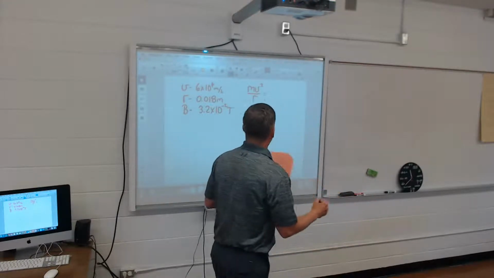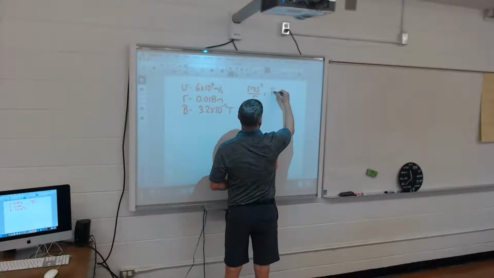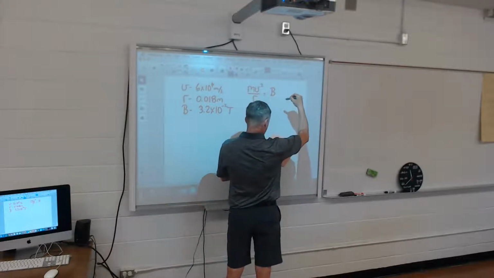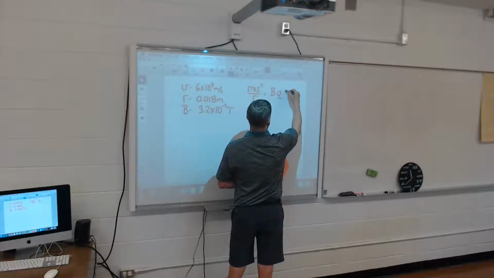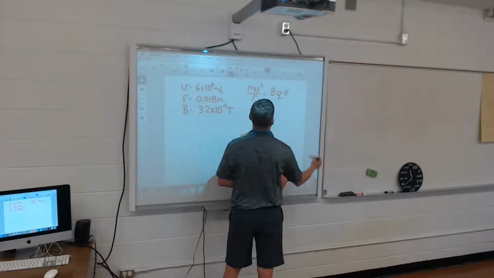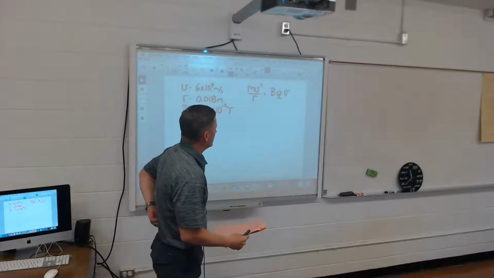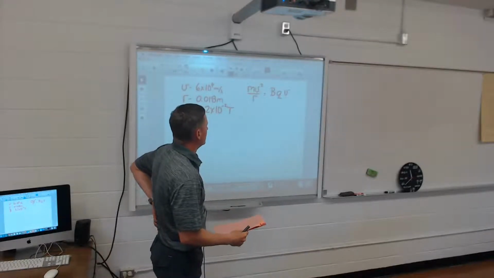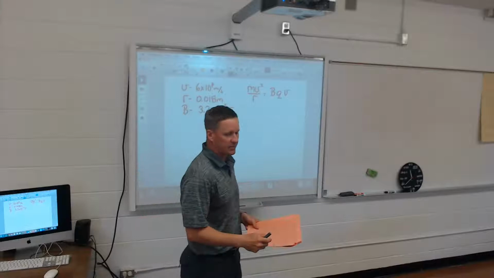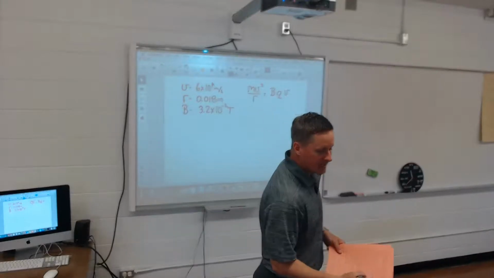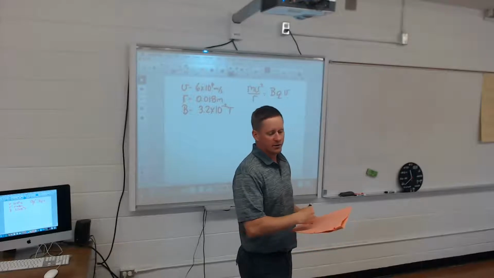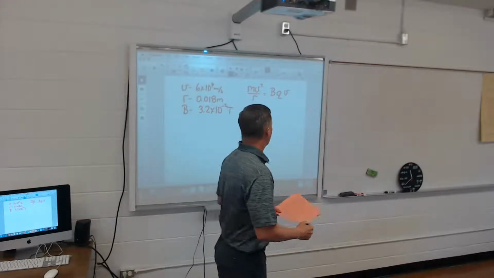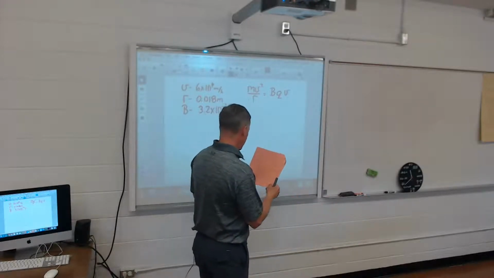The second equation that we're going to use is BQV. So I have the velocity. So that's the F equals BQV, which is the maximum force in a magnetic field in which a particle enters it at a perpendicular to the lines of force.